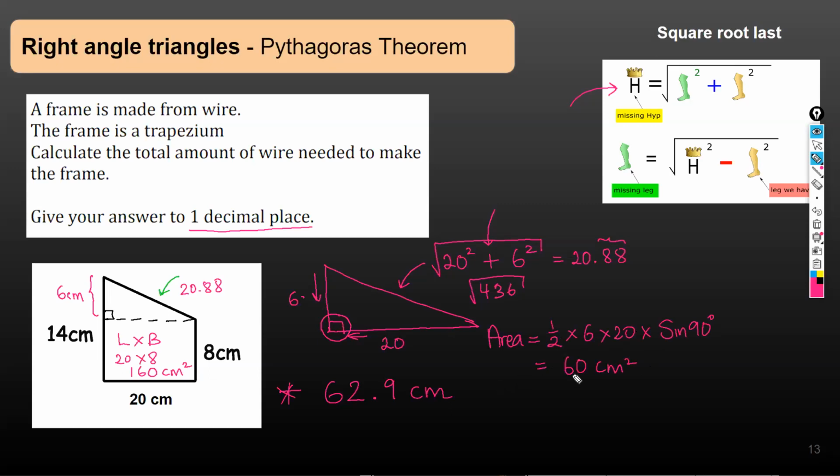Right? So 160 plus the 60, because here's 60 centimeters squared. And I get in my final answer for the area, if they had asked us for the area, as 220 centimeters squared. This one is area, so we have to put the squared.